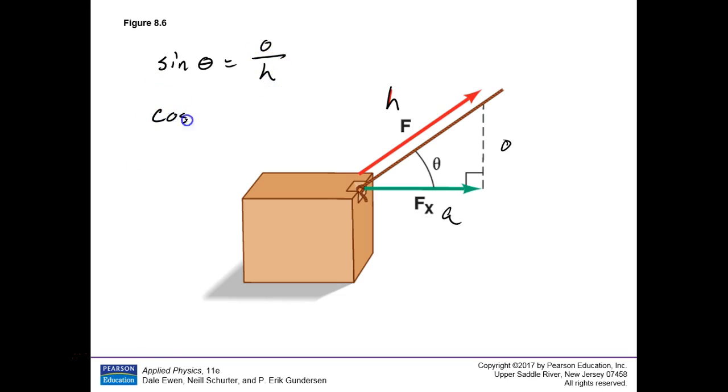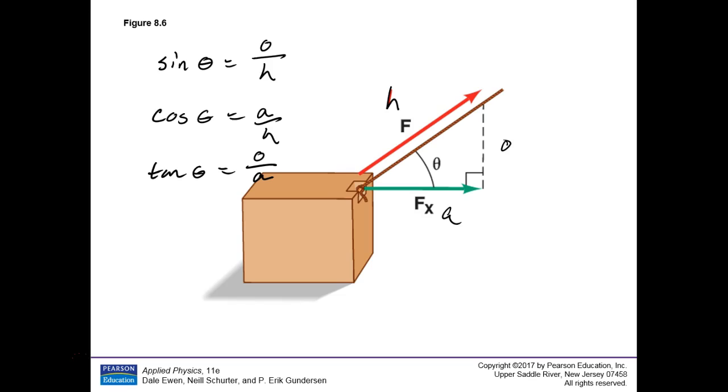The cosine of theta is the adjacent side over the hypotenuse. And the tangent of theta is equal to the opposite side over the adjacent side. There are three more, but we seldom use those, so I'm not going to get into that. These are your three basic trig functions. They always relate to right triangles, and they always relate this way.